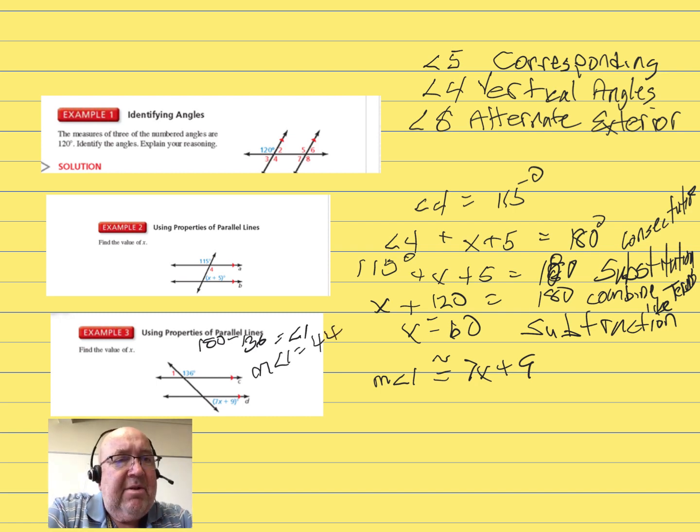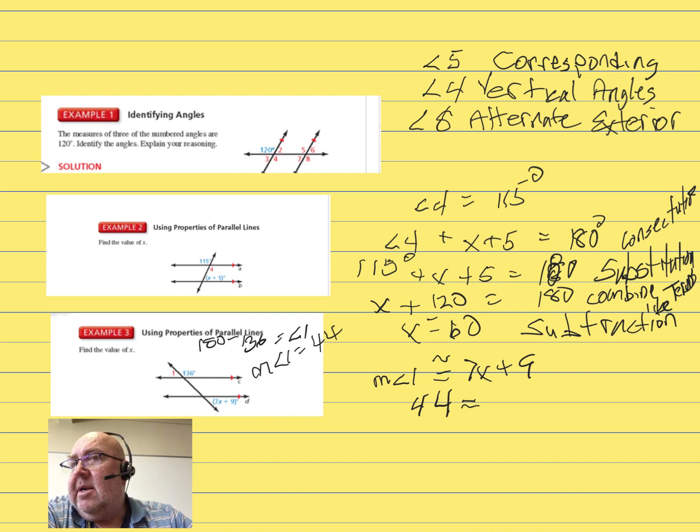So now I can go 44 is equal to 7x plus 9 because congruent angles are equal. I can subtract 9 from both sides.